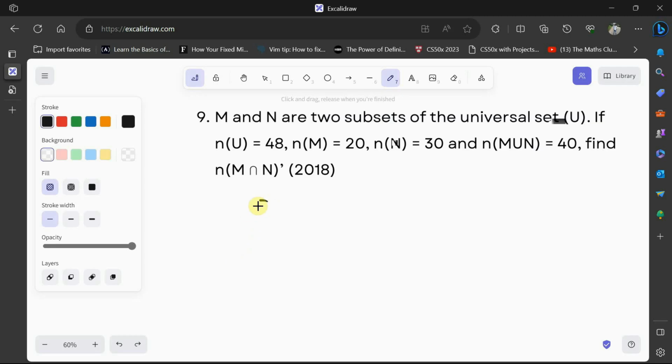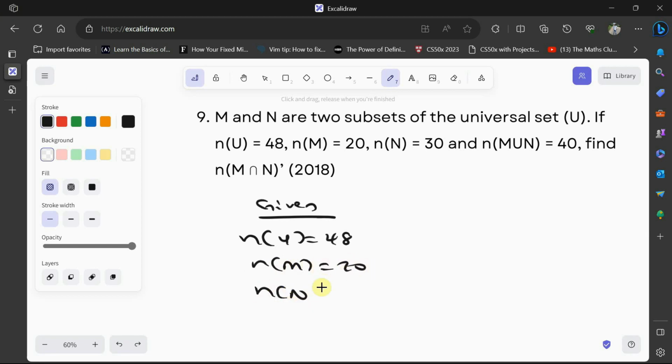So I want you to actually try out this particular thing by yourself. Write out what we're given. We're told that n(U) is 48, n(M) is 20, n(N) is 30, n(M union N) is 40, and we're told to find n(M intersection N prime).